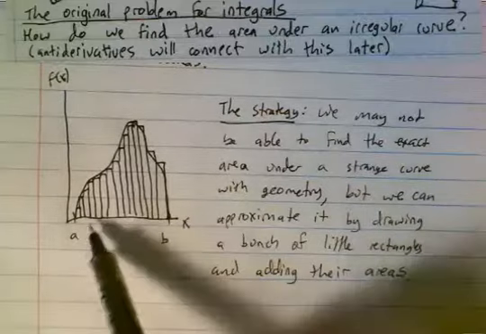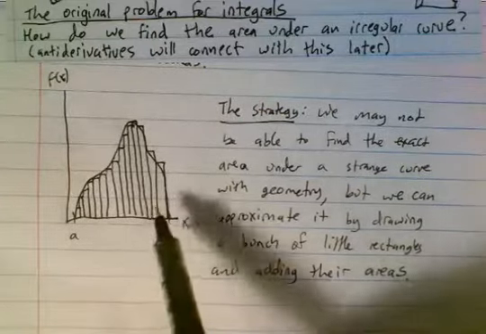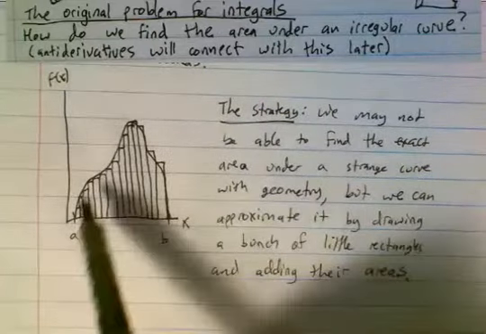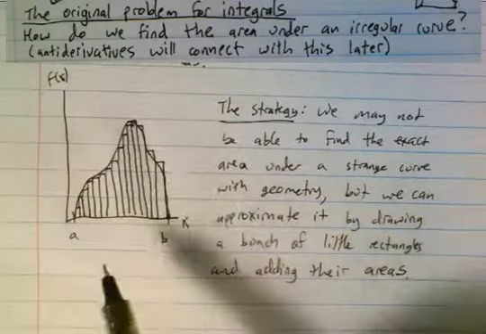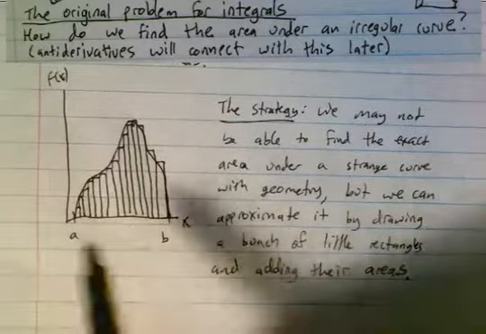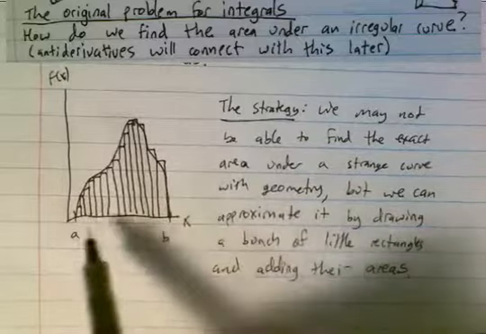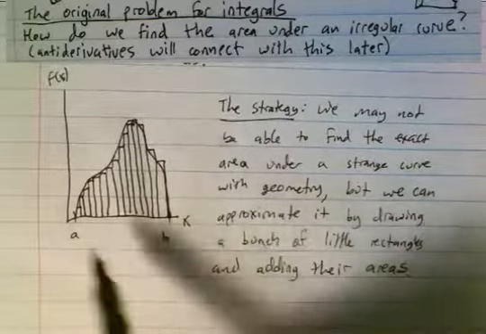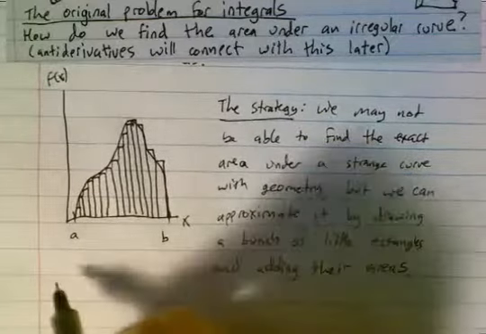If I add up the areas of all these rectangles, it's not exactly equal to this curve, but it's pretty close. It's certainly closer than me just looking at it and trying to estimate it. So this technique of doing a bunch of little rectangles, finding their area and adding them up, these are called Riemann sums.